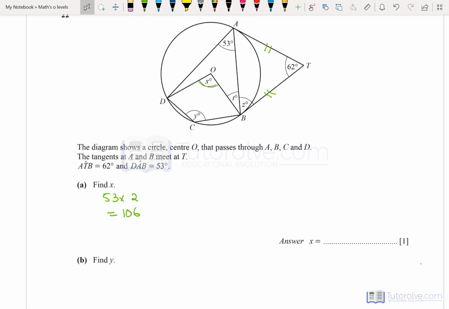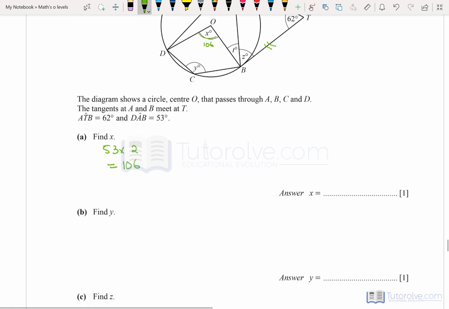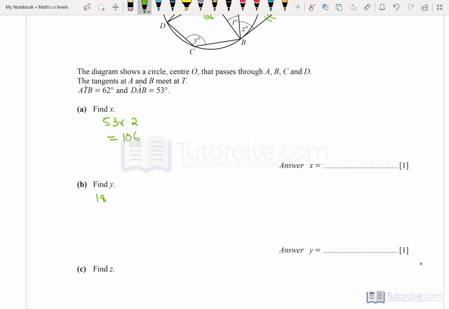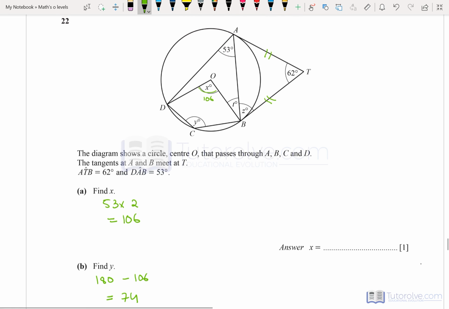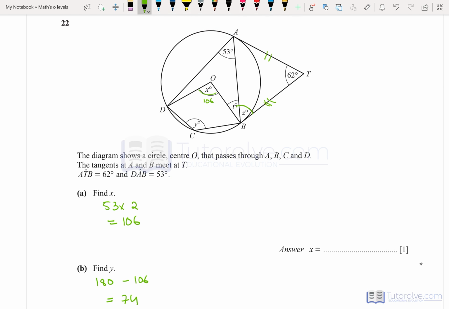Now we need to find y. We have 106 here, and this is a cyclic quadrilateral, so we just subtract this 106 from 180, and our final answer is 74. Now we need to find z. Because these two sides are equal, this is going to be a z again, and we have this 62 here.